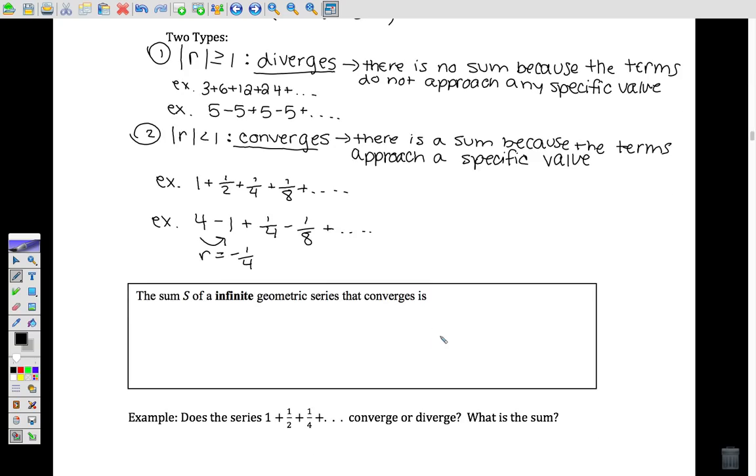So to find out the sum of an infinite geometric series, so these terms go on forever, we use a slightly different formula. We just say the big S sum of an infinite geometric series gets a little simple. It's just A1 over 1 minus R. So S is the sum of infinite terms.